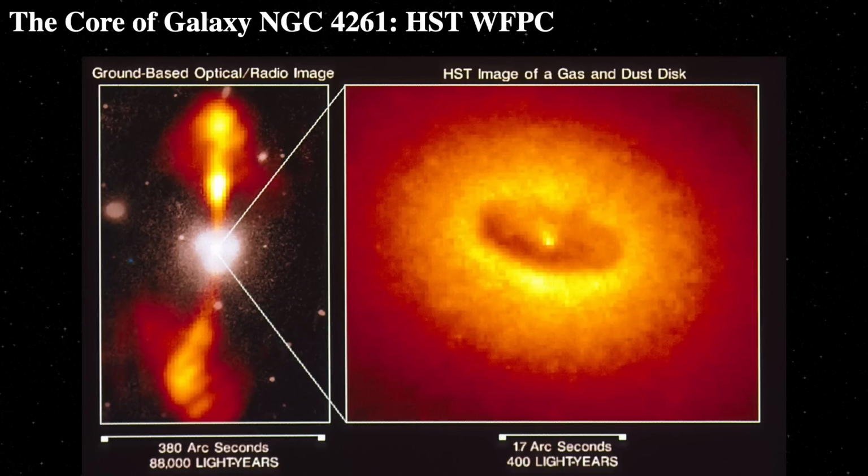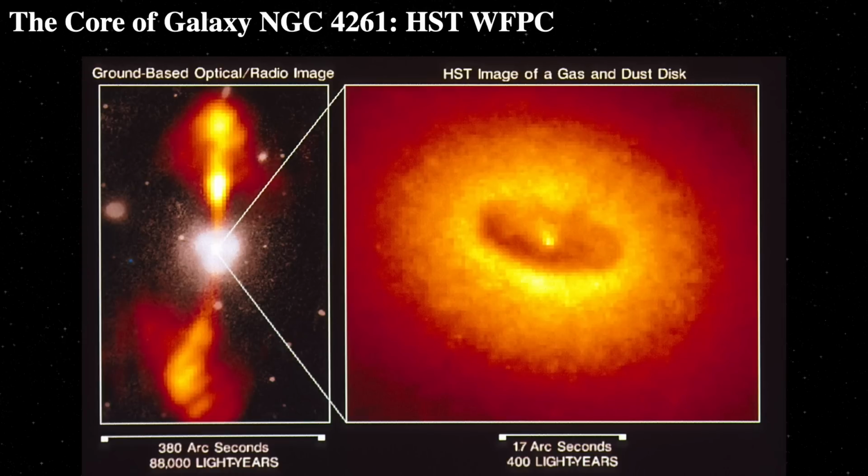First of all, this is an elliptical galaxy, as you can see in the left-hand side image. This thing is about 100 million light years away, and the diameter across it is approximately 88,000 light years, or about 100,000 light years long for the lobes, and it's part of a galaxy group.